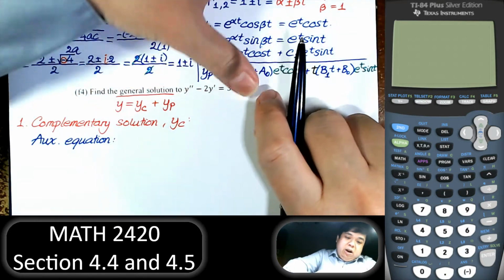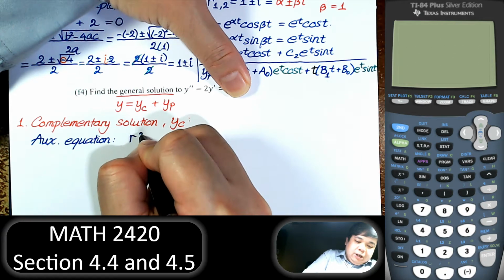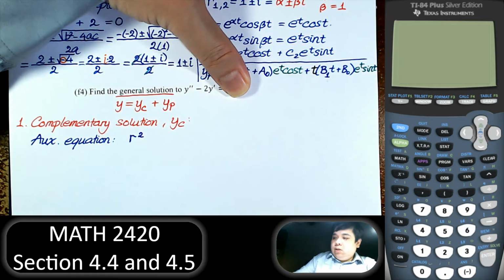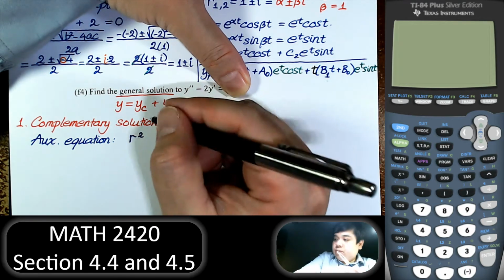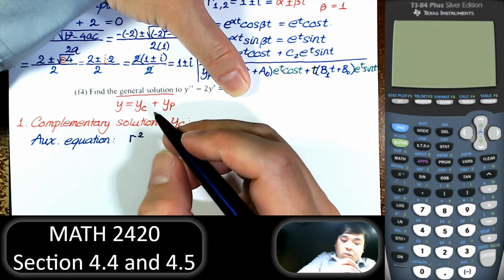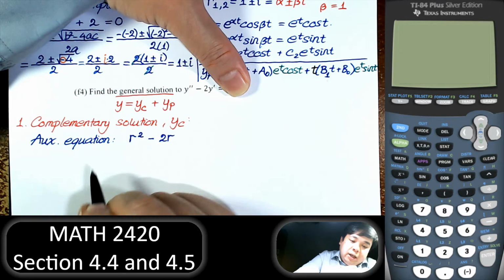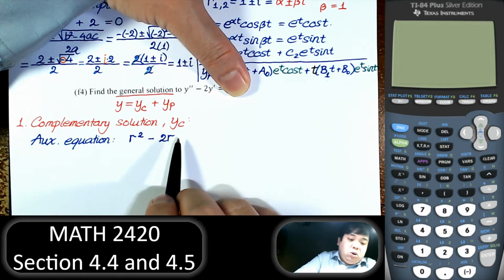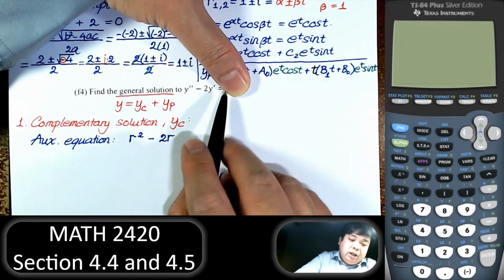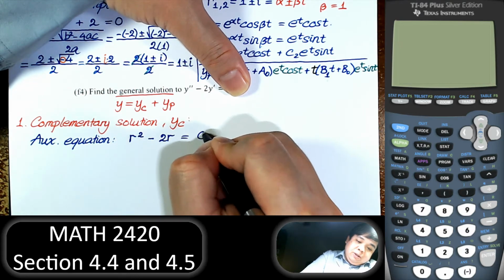We don't need to write the right hand side now. r squared minus 2r, and there's no function, so there's no constant here, and that's all we have.